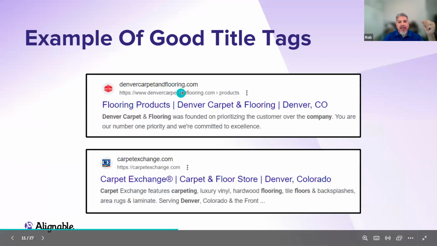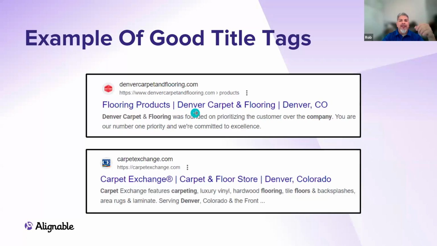And then we use the geo area that we serve. Denver Carpet and Flooring. Now we've used the word flooring twice, but it's done properly and within context. And then again, we hit Denver, Colorado to nail down the geolocation of my business a second time. So I want to be found for flooring and I want to be found in Denver.